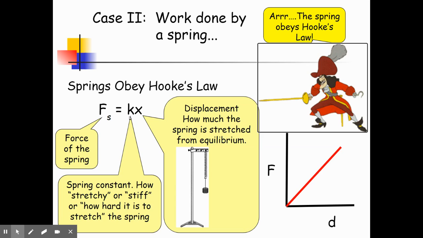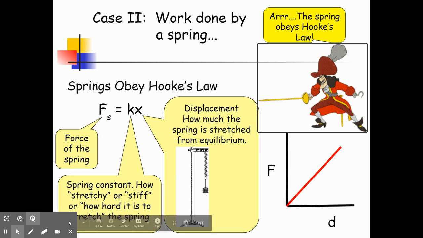For example, a little spring from a pen is fairly easy to squish. The spring in your garage door is really, really hard to stretch. And so the number that tells you just how hard it is to stretch or squish a spring is the K. And then this X is going to be how much the spring is stretched from equilibrium.